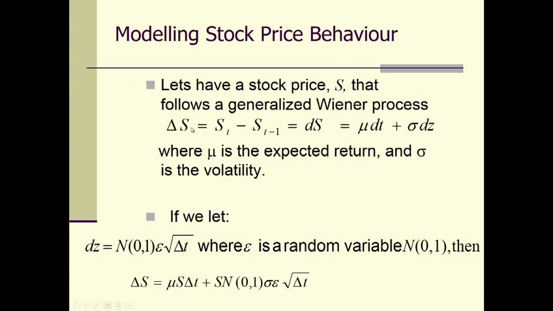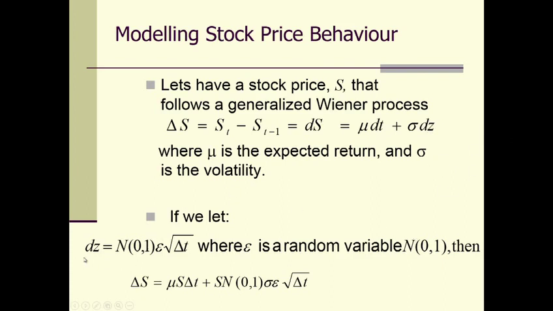So let's have a stock price. The change in the stock price must be equal to the stock price today minus the stock price yesterday, right? Now if you rewrite that in calculus form, then you're saying that dS equals mu dt plus sigma dz. Now remember the key to this is the dz, which we are trying to eliminate in the Black-Scholes formula.